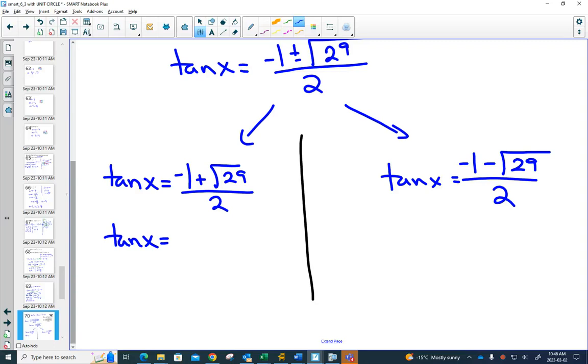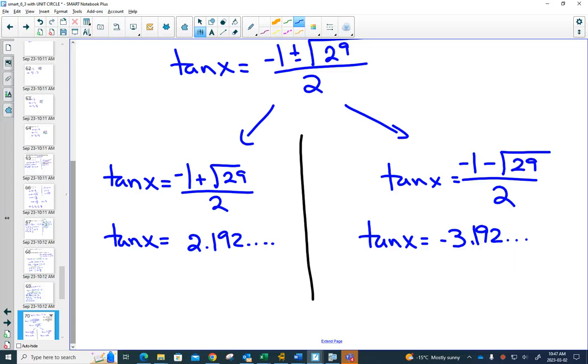You might want to try it on your own to see if you were able to get 2.19258... We could do the same thing on the other side. And you get negative 3.192. If you had to use the quadratic formula, most likely these are not on your pi plate.